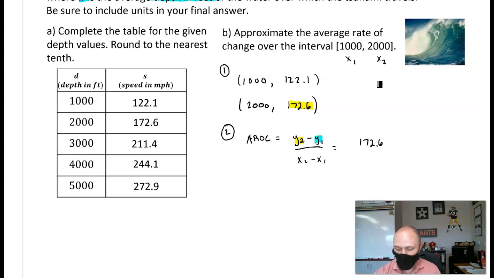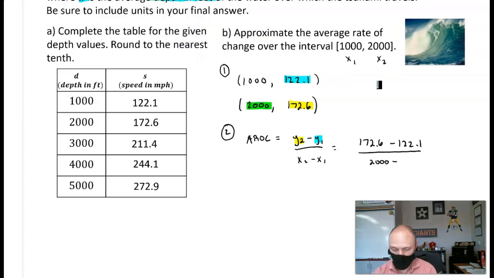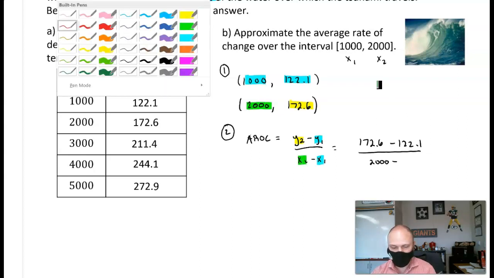Okay, what's my minus Y1? Well, my first Y value was 122.1. Okay, divided by X2, which is 2,000, minus 1,000.